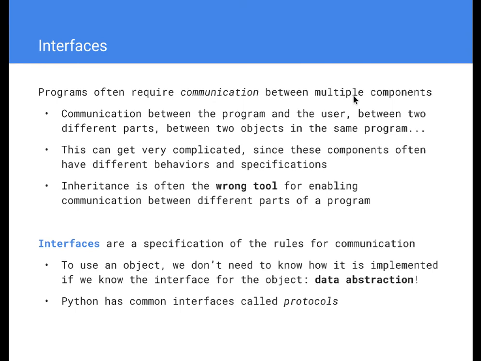Instead, interfaces are a specification of the rules for communication. To use an object, we don't need to know how it is implemented if we know the interface for that object. Think back to data abstraction, when we had selectors and constructors, or when you're thinking about functions in general. When I think about a recursive program, I think about its behavior: what it takes in, what it gives out.